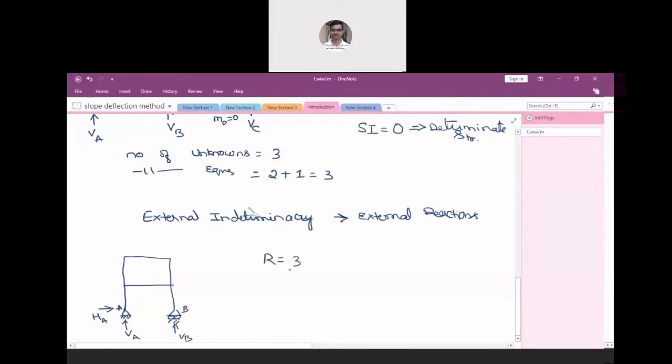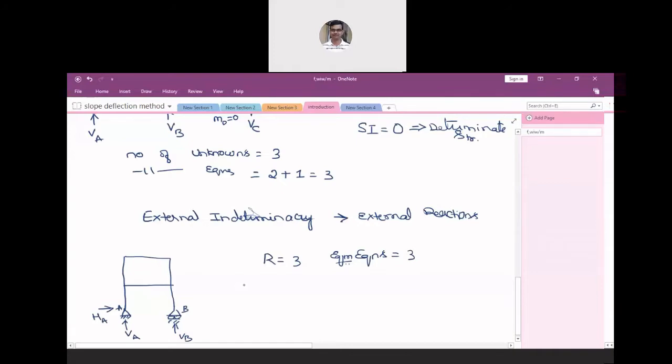So we'll have three unknown reactions, and the available equations of equilibrium are also equal to three. But with this we cannot say that it is determinate; it is indeterminate to an internal degree.